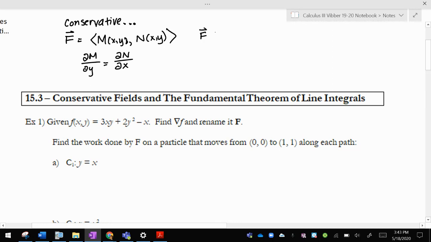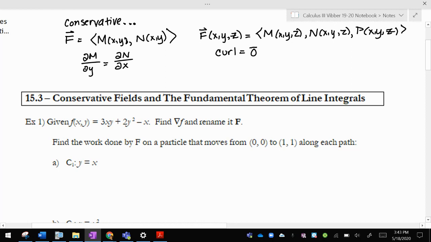If my vector field F has three components, M, N, and P, we said that it's going to be conservative if curl equals the zero vector.